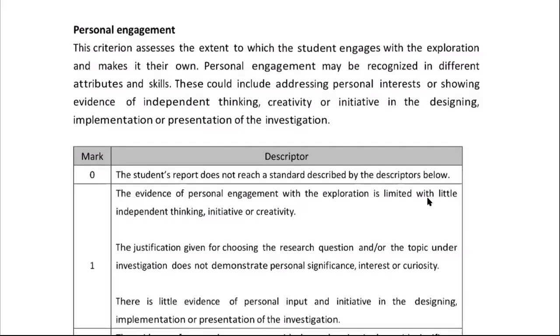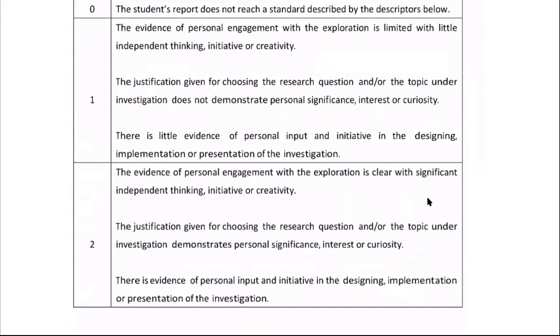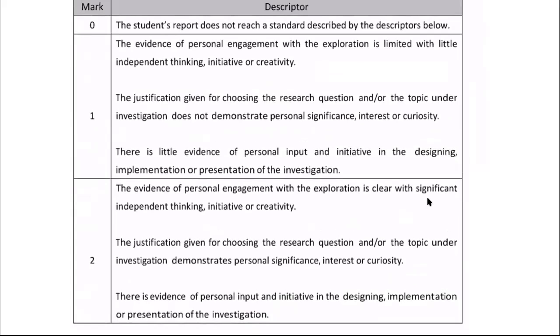So here's what the rubric looks like that I have to grade you on. You notice that the personal engagement was worth 2. So I can give you 2 marks, I can give you 1 mark, or I can give you no marks, okay, depending on how you do. To know which one you're going to fall into, if you read the statements, they match up. On this one, it says, the evidence of personal engagement with the exploration is clear with significant independent thinking, okay, and initiative or creativity.